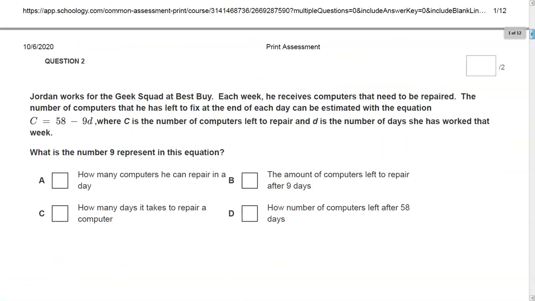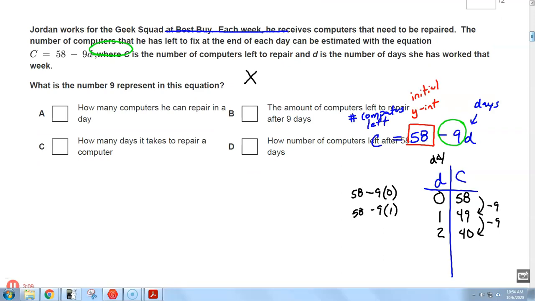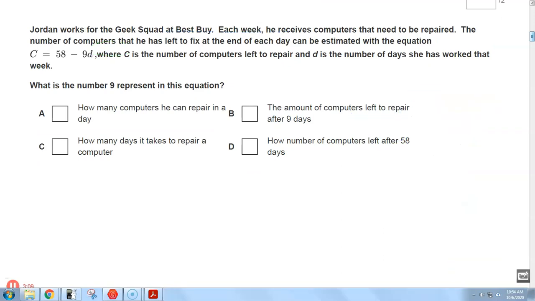Moving on down. Number 2, still the same thing about Jordan at the Geek Squad, so we can use everything that I just mentioned. This one might go a little bit quicker. And I have our table. Since we've already done this, the number 9 represented how many computers can be repaired each day.